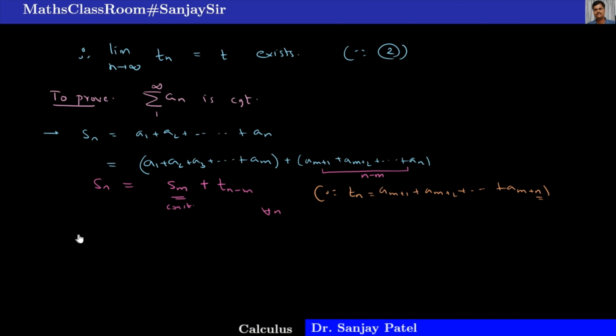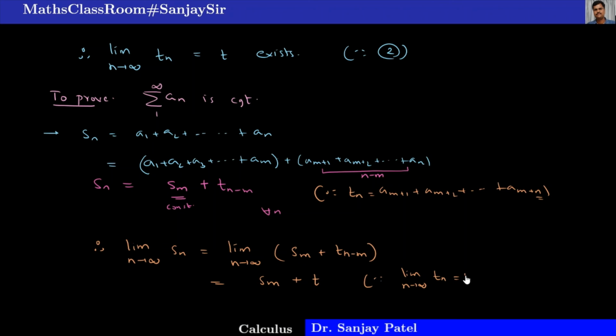Okay, so therefore the limit of Sn as n tends to infinity, we can write as the limit as n tends to infinity of Sm plus Tn minus m. Okay, Sm is constant, the limit of a constant sequence is the same number, and this is nothing but the number T, because as n tends to infinity, the limit of Tn is equal to T, that is given in this part.